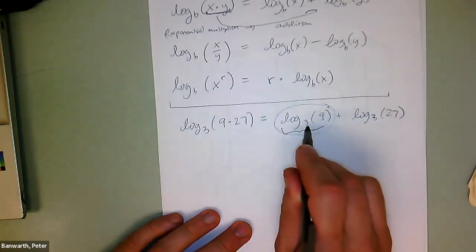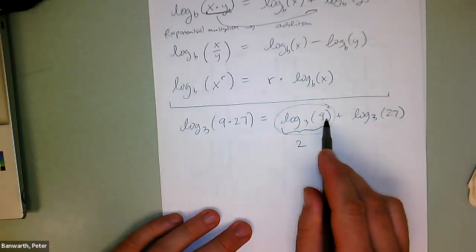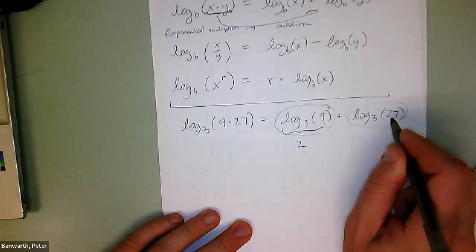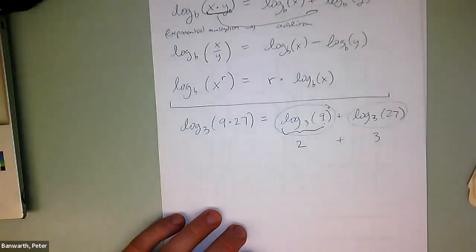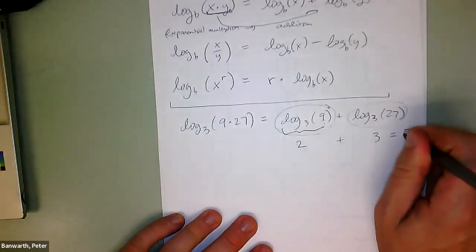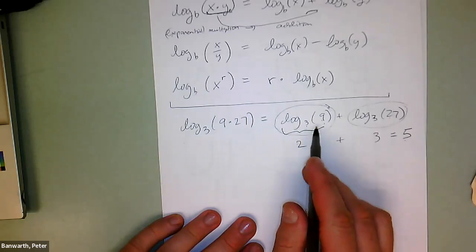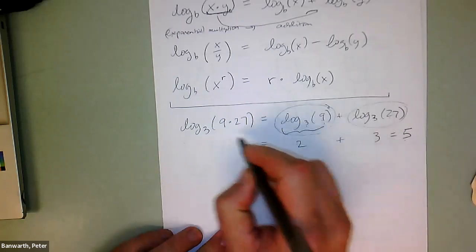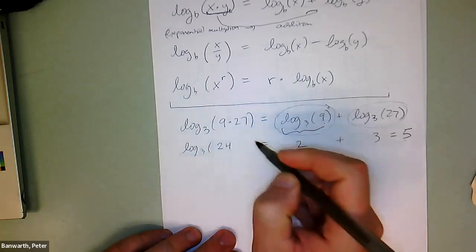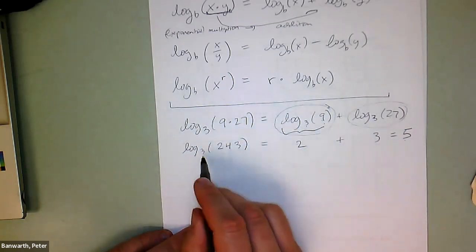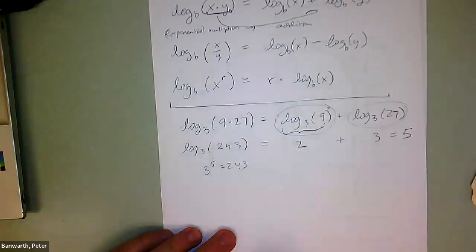This term is the power that goes on 3 to get 9. Well, that's 2, because 3 squared is 9. And this whole term is the power that goes on 3 to get 27, which is 3. So over here on the right side, log base 3 of 9 times 27 is 5. And that's true because 9 times 27 is 243. And 3 to the 5th is 243.